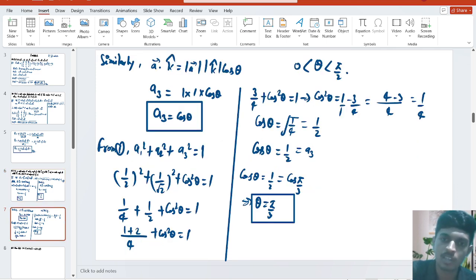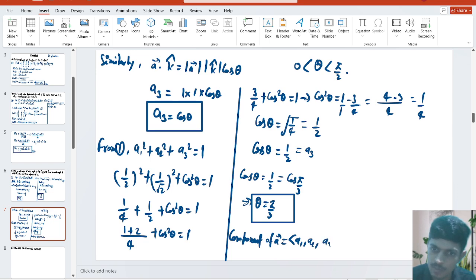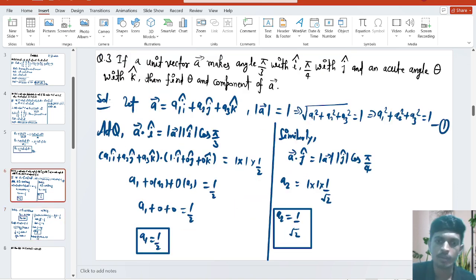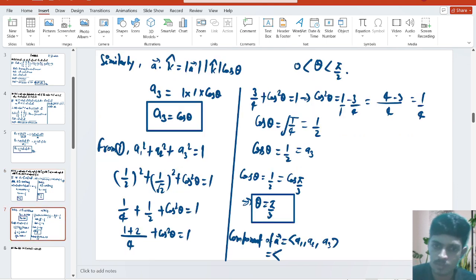We already found them: A1 is equal to 1 by 2, A2 is equal to 1 by root 2, and A3 is equal to 1 by 2. So this is our answer, and theta is equal to pi by 3. I hope it is clear to you.